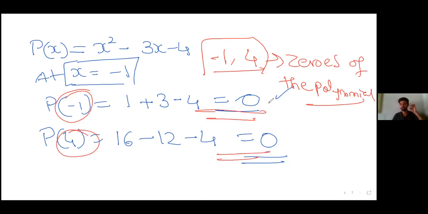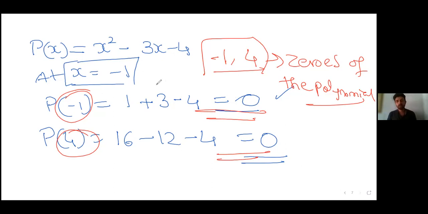Remember, if I say zeros of a polynomial, it means the number that gives me the answer 0 when I substitute that value in that expression.